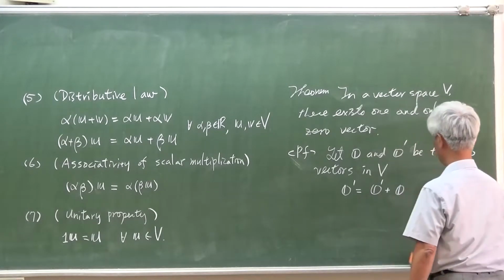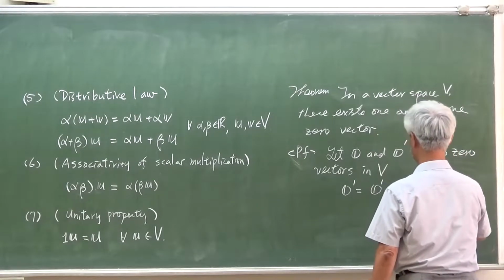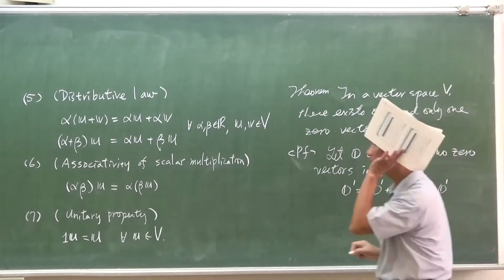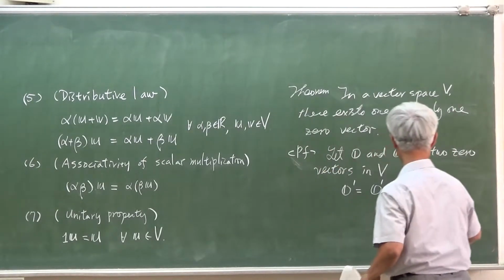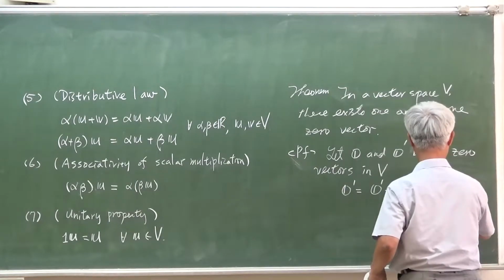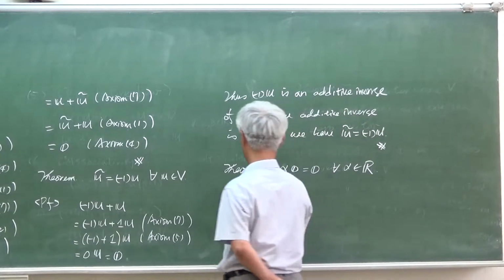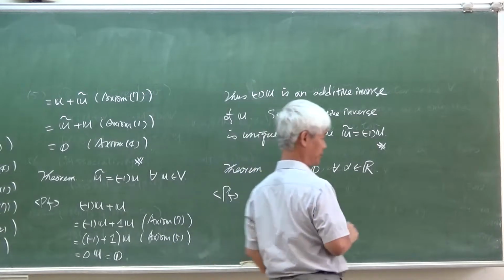Since 0 is the zero vector, that is intuitive, right? But we have to prove that.